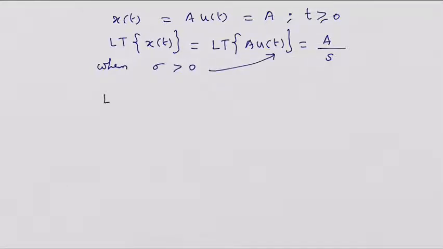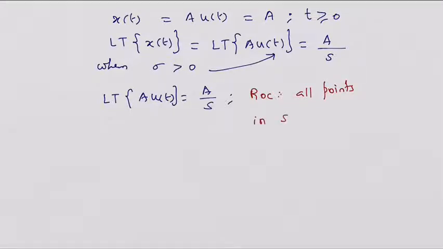So let me write it like this: the Laplace transform of A into u of t is equal to A by s, right? With ROC. What is the ROC? ROC is the set of all points in the S plane.